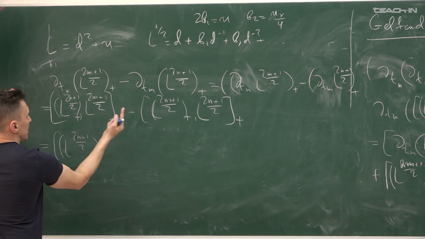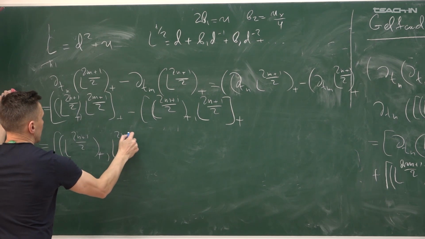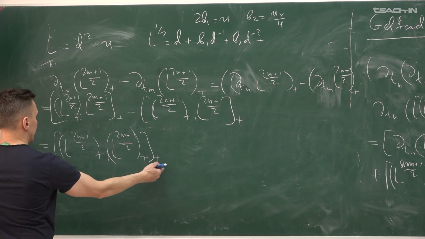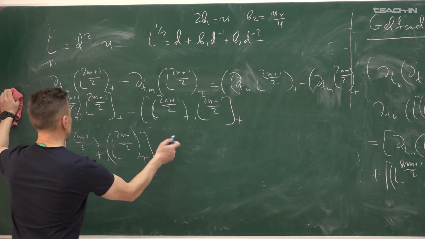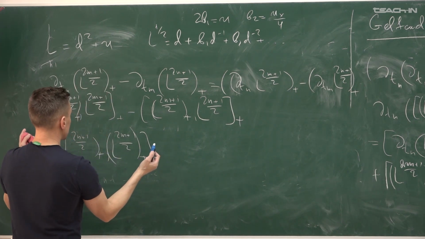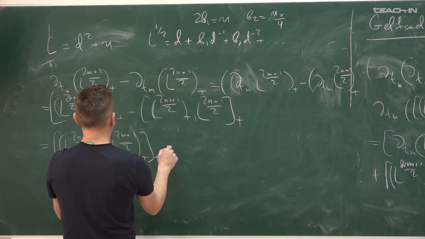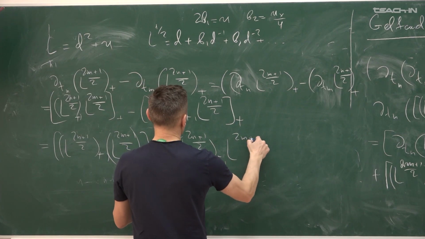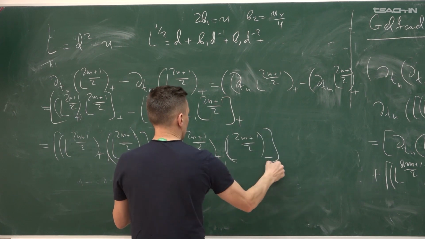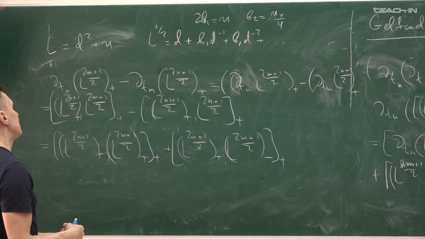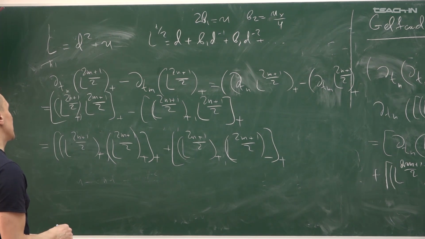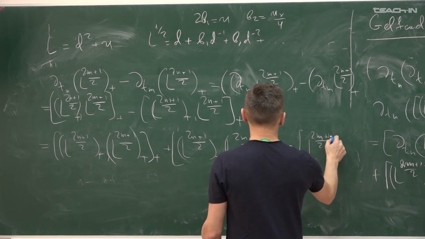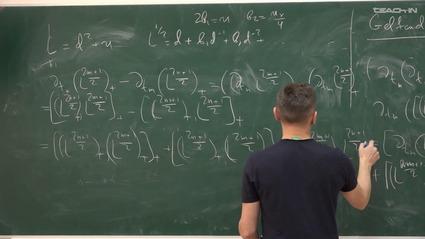This is the complete L, so I can write it as L^(m/2), the plus is not necessary, but I have to write it, L minus the commutator of L^((2n+1)/2)_+ and L^((2m+1)/2), minus the commutator plus, and minus L^((2m+1)/2)_+ and L^((2n+1)/2)_+.